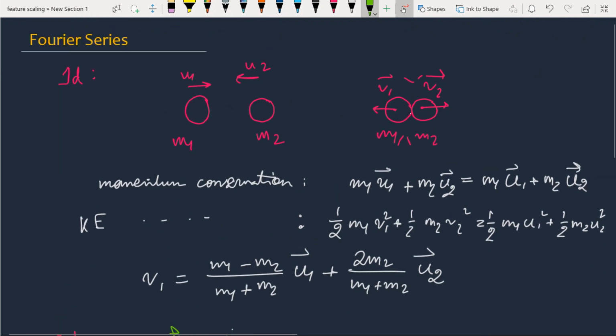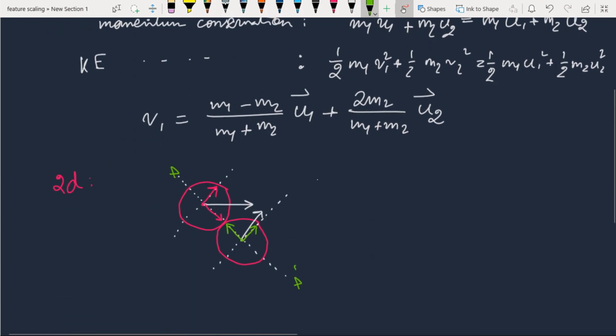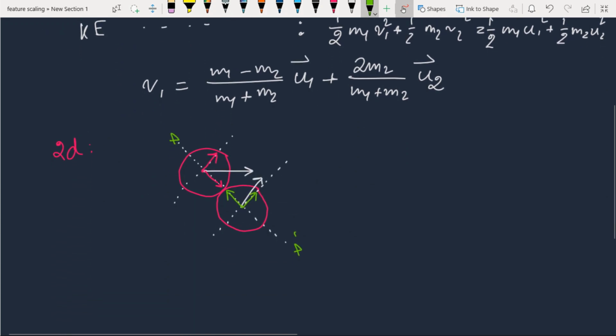The velocity components are along the AA line only. Okay, so we can apply the same method and we can conserve the linear momentum along this line. And after solving that, we can find the velocities along this direction also.